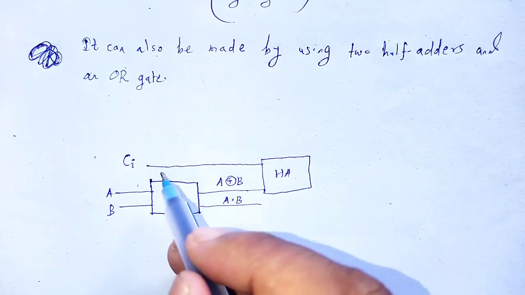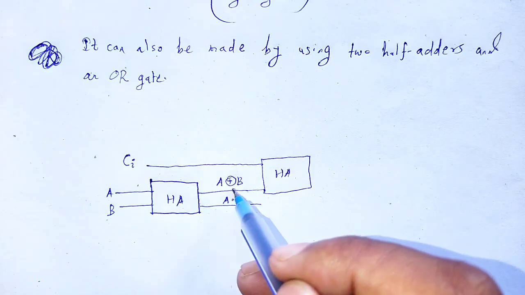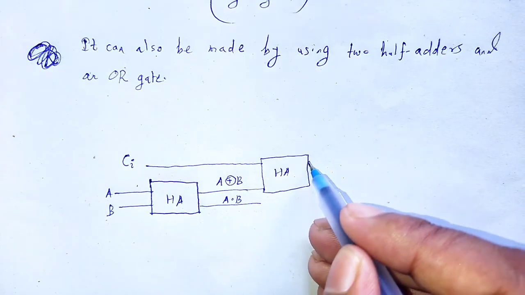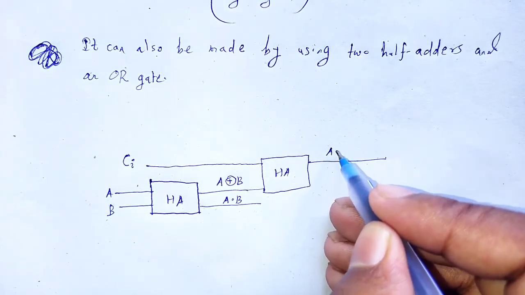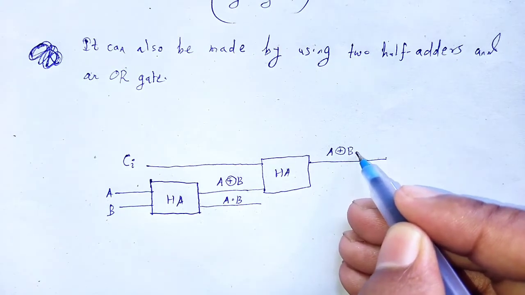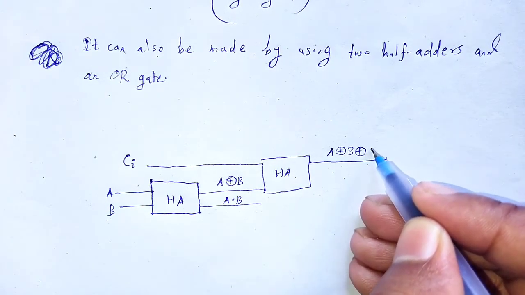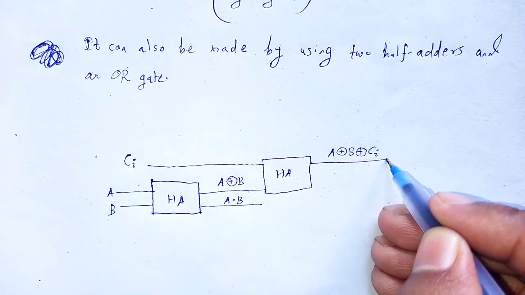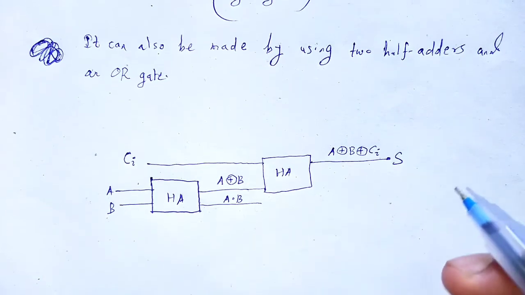For that half adder, the two inputs are Ci and A XOR B. So at output, one output we obtain A XOR B XOR carry input, that is sum S.